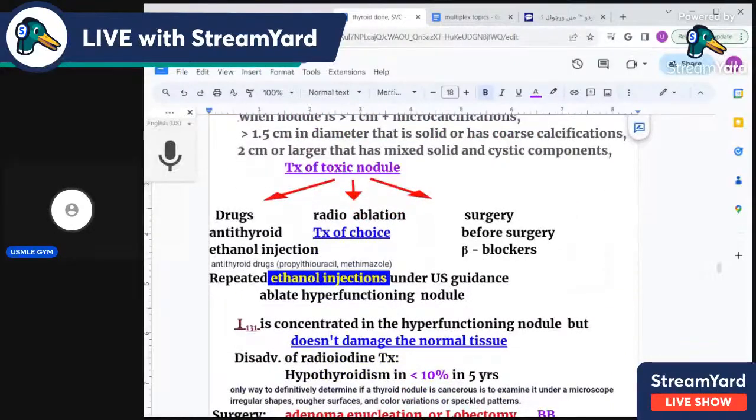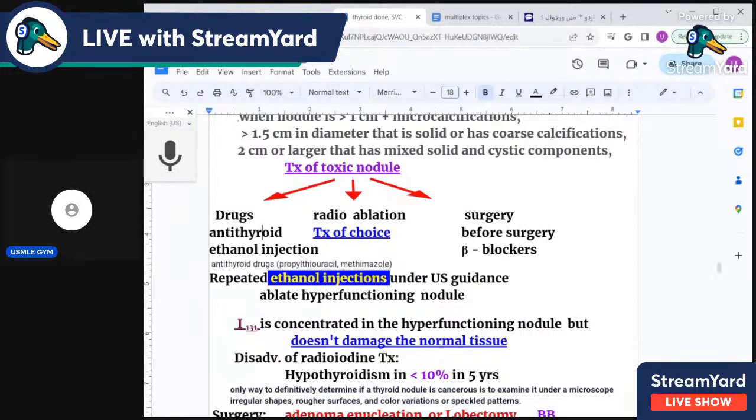Okay, then we have the treatment of the toxic nodule. Three treatments: drugs, radioablation, and surgery. Radioablation is the treatment of choice for a hot nodule. Why? Because the radioactive iodine concentrates in the hyperactive one, not in the normal thyroid tissue.